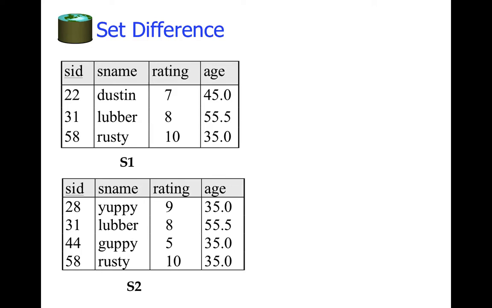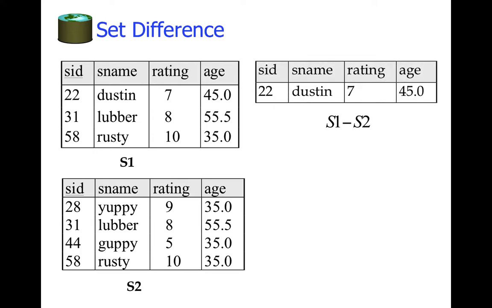Set difference: in the set difference, we have to subtract two tables. So S1 minus S2. This one minus this one, so 31 and 58 are going to be removed, and we'll be left with only one tuple.